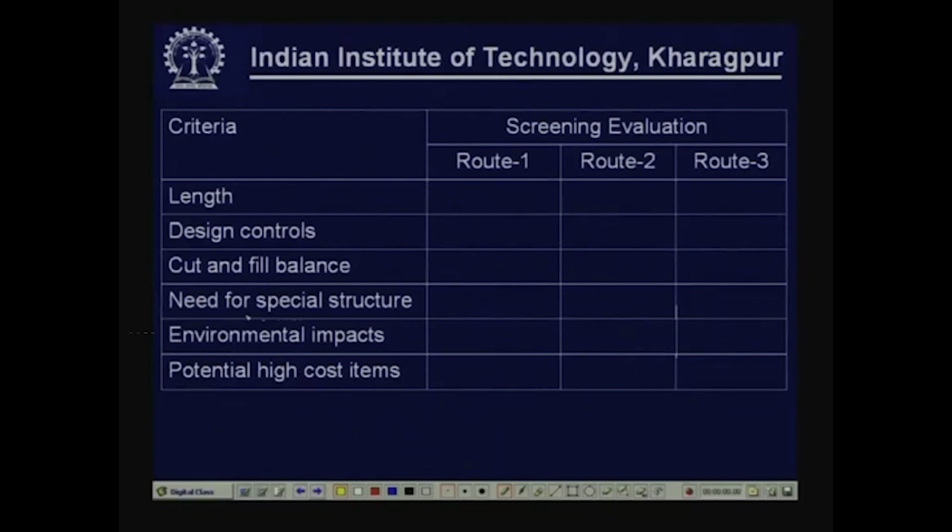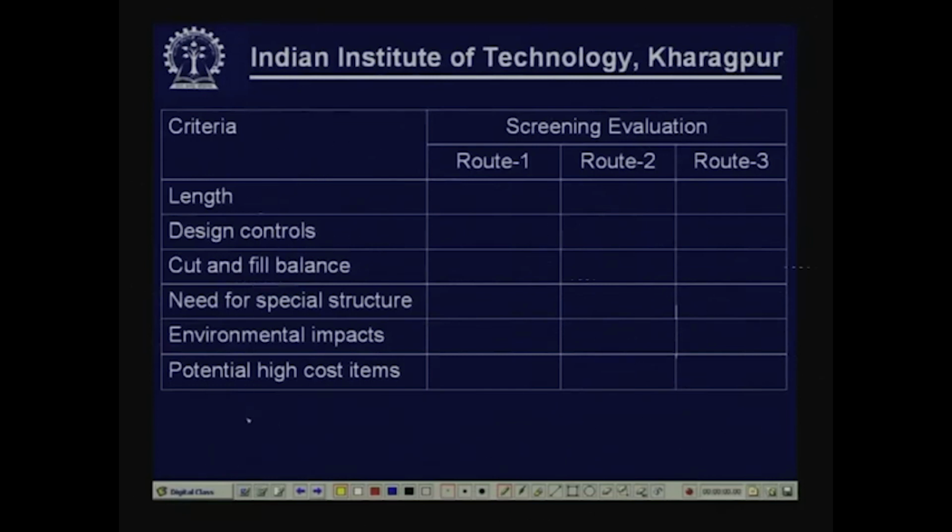You can make your own criteria, like the way I have shown here: length, whether you are able to satisfy all the design controls, whether the cut and fill are balanced, whether you need any special structure or ancillary structure, whether there is a possibility of major environmental impacts, whether there are any potential high cost items, like that. This is not a comprehensive list. I am just trying to show the way you can summarize the findings for better evaluation.